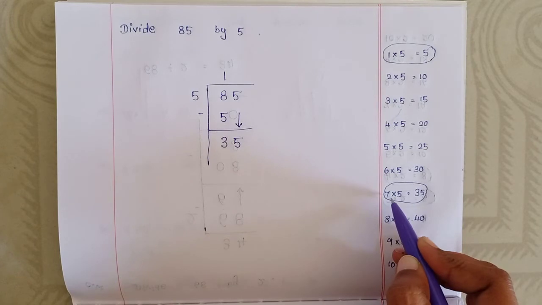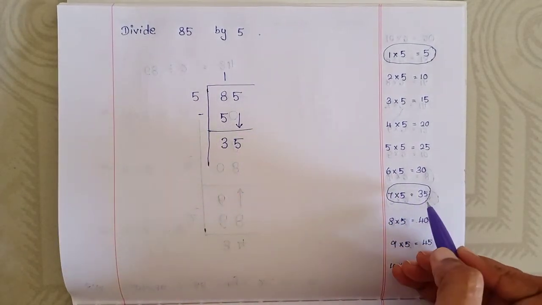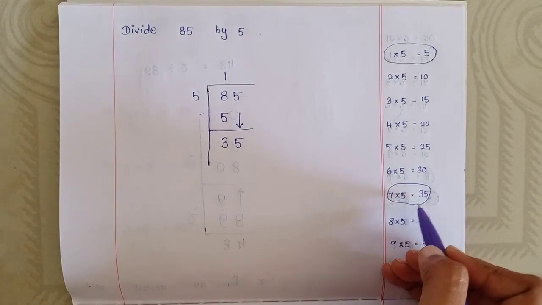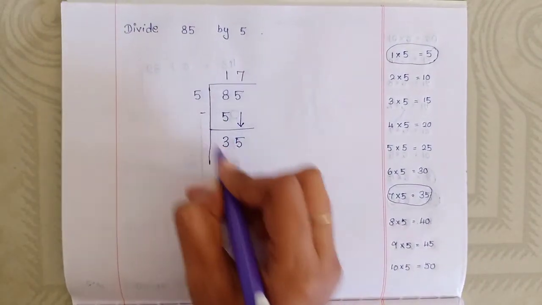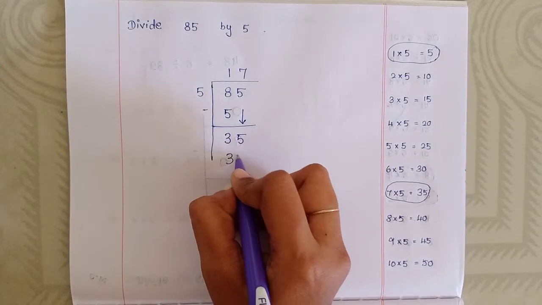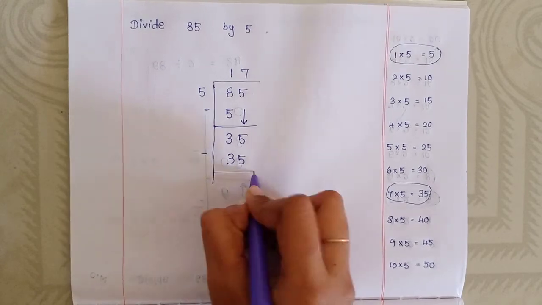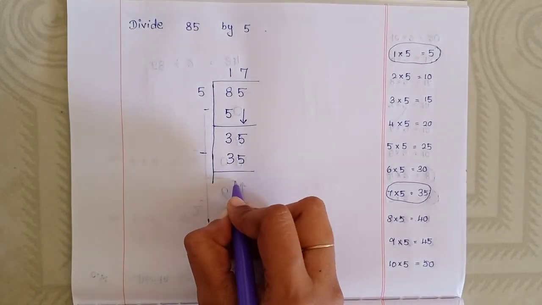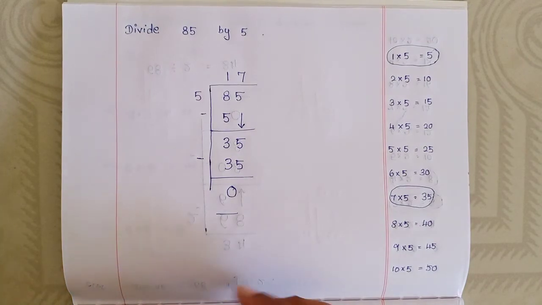Write 7 at the top and 35 below the tens digit. Okay, Mama. 7 5s are 35. Now you subtract 35 minus 35, 0. Okay.